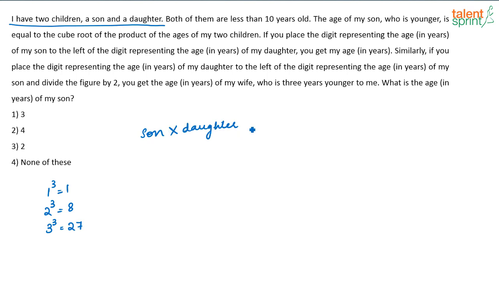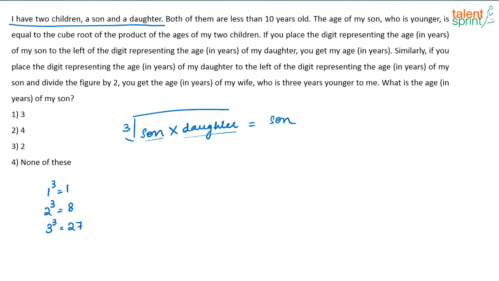Now when you multiply their ages, the cube root of that is going to be the age of the son, correct? Product of ages of son and daughter, so son into daughter. If this is the age of the son, this is the age of the daughter, the cube root of that will be the age of the son.